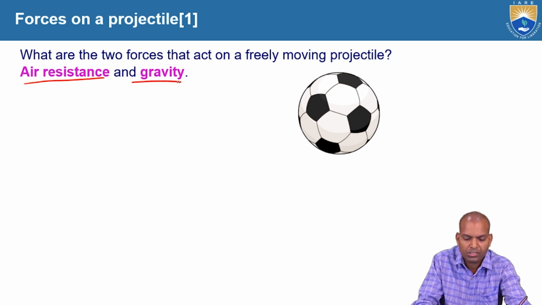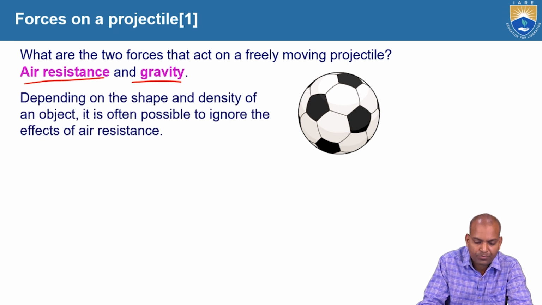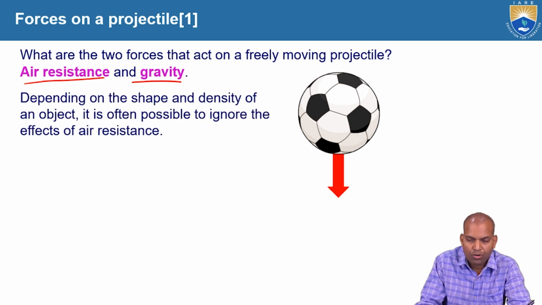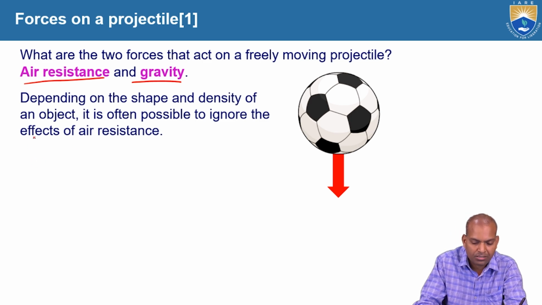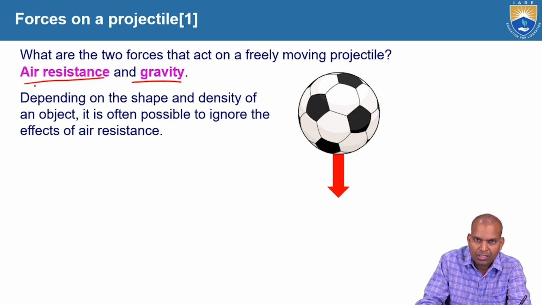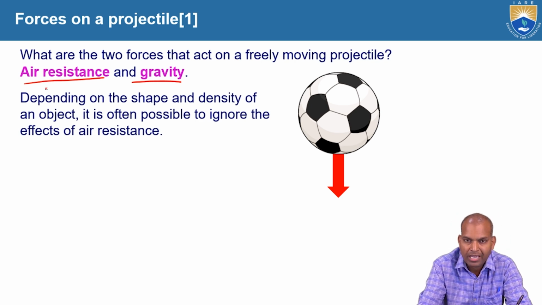These two forces depend upon the shape and density of the object. When the force is large, its magnitude is such that air resistance can be neglected, meaning the gravitational force dominates the air resistance.